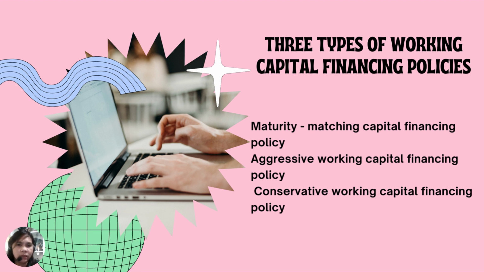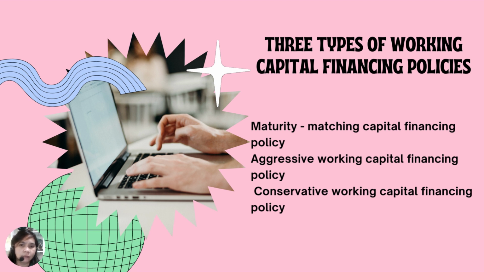So in maturity matching capital financing policies, the permanent working capital requirements should be financed by long-term sources. And then the temporary working capital requirements should be financed by a short-term sources of financing.